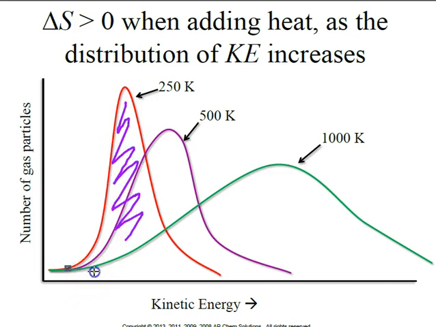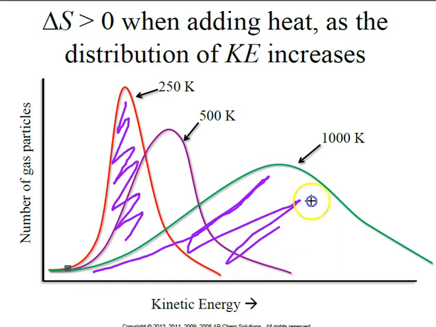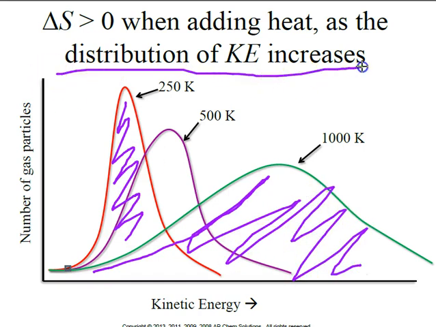But when the temperature goes up, they're more spread out in terms of their energy. So that higher distribution of kinetic energy means that our delta S value will increase or be positive. This is the explanation for what we saw on the last slide. So why does the entropy go up when the temperature increases? Because we have a greater distribution of kinetic energy.